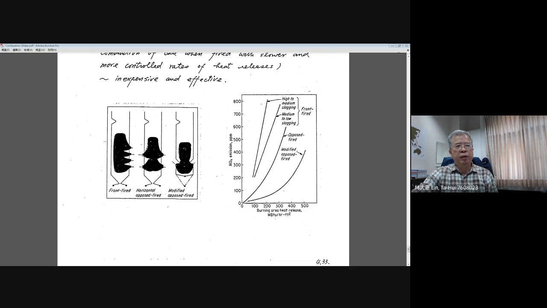It increases with the heat release, and they are in these high regions. But when you change the fire style to the opposed fire, the second case, the NO formation curve is reduced compared with the previous case. And if you use the modified opposed jet fire, the NO formation reduces even further.